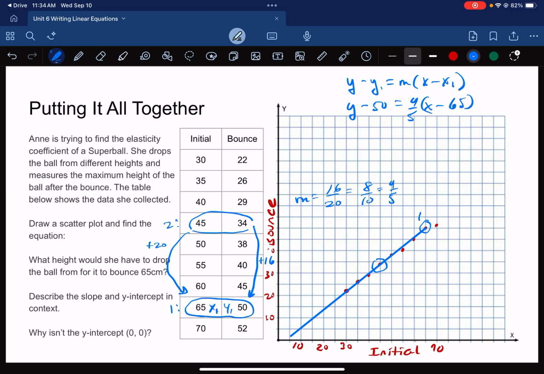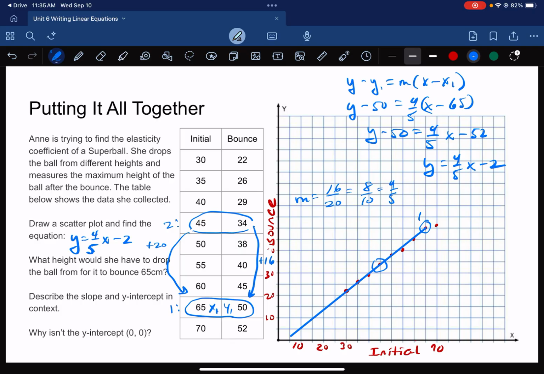Now let's write that in slope-intercept form. y minus 50 equals 4/5 x minus 4 times 65 divided by 5, which is 52. And then I'll add 50, and I get -2. So there's my equation: y = 4/5 x minus 2.